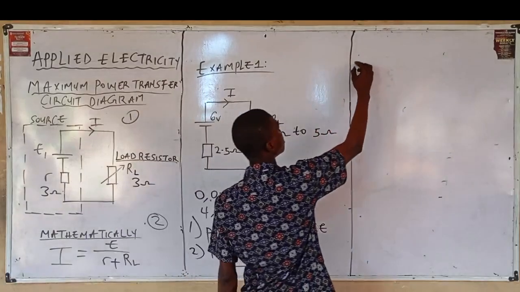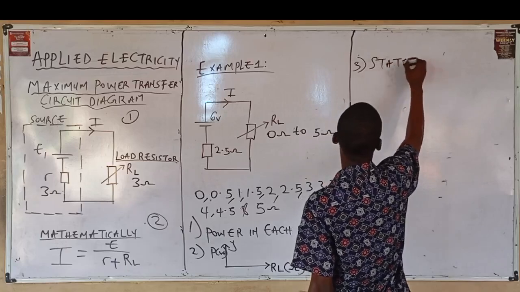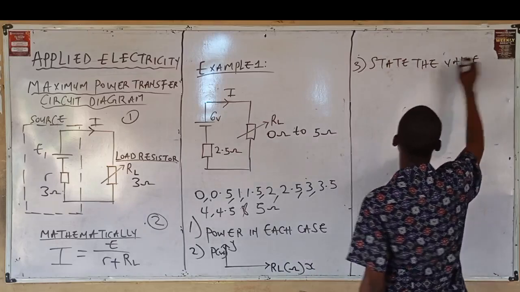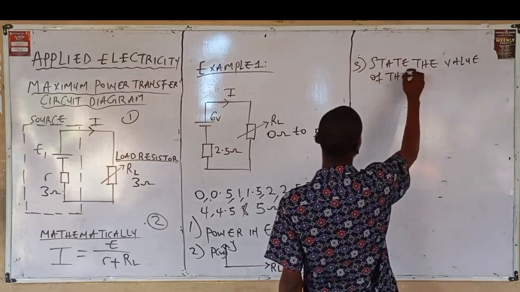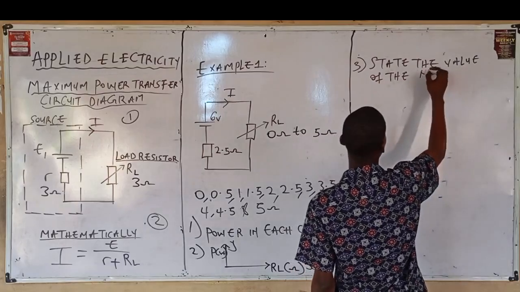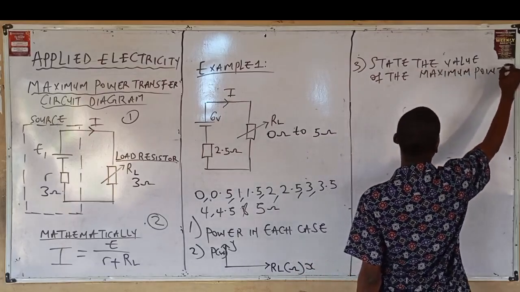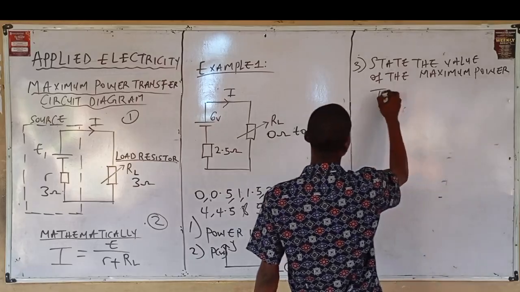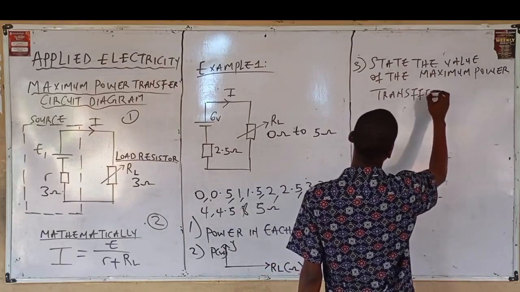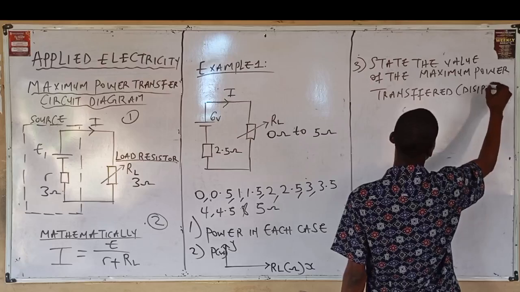Then lastly, question 3 says state the value of the maximum power transferred, or you say dissipated.